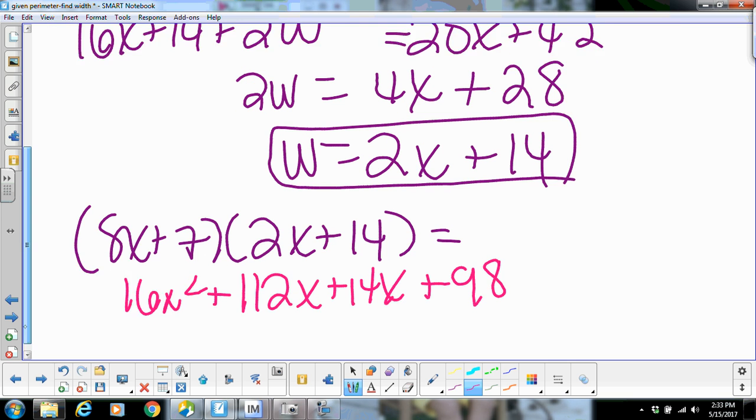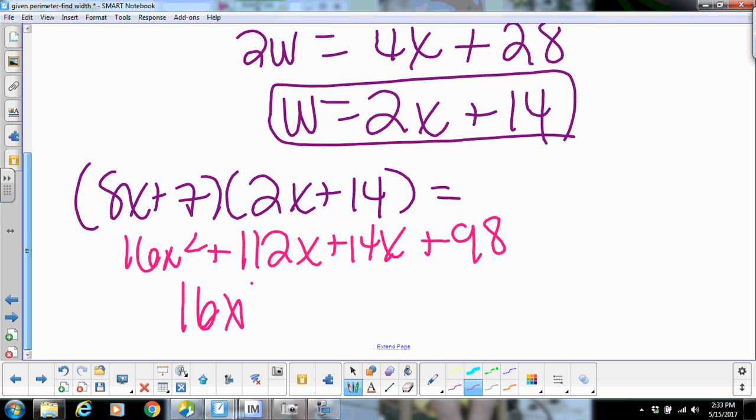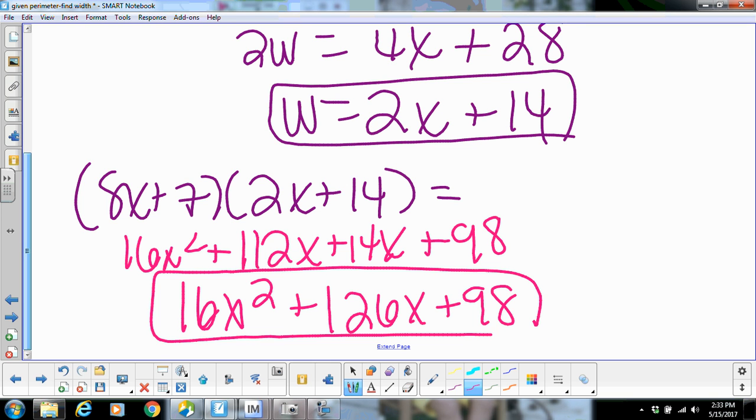And combine your like terms, and your area is going to be 16x squared plus 126x plus 98. So please make sure you multiply that at the end. We didn't do one like that in class today, but you should know the area of a rectangle is length times width, and you know how to multiply binomials.